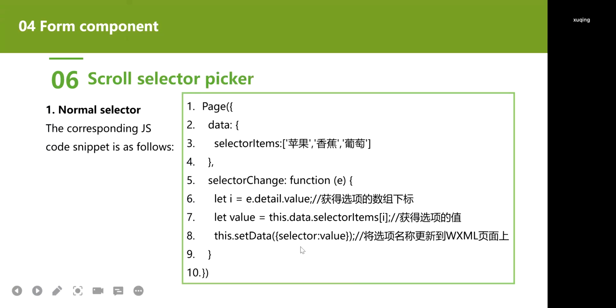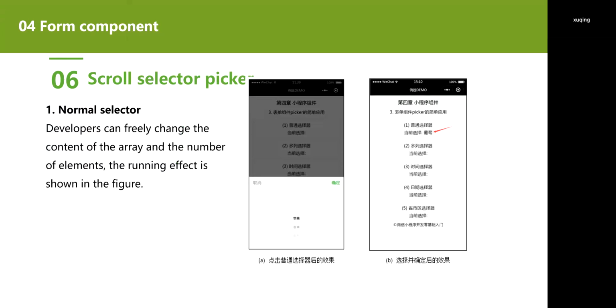And we put the value on the page. So you see, developers can freely change the content of the array and the number of elements. Here we have the running effect. Each time we click the current choice, the picker, we can change the value.